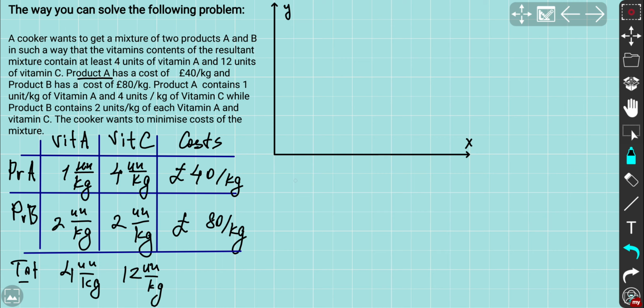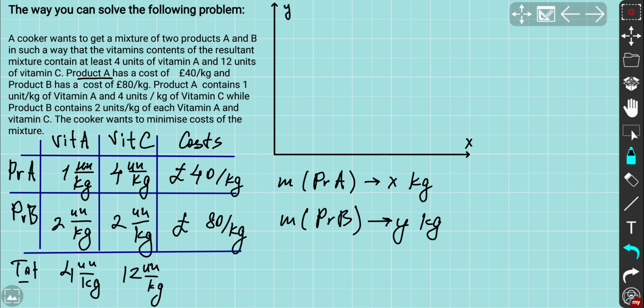Let's say the mass of product A is going to be x kilograms, and the mass of product B is going to be y kilograms in this case. What are we going to have in total if we have the mixture? So let's set up the mixture of two products.